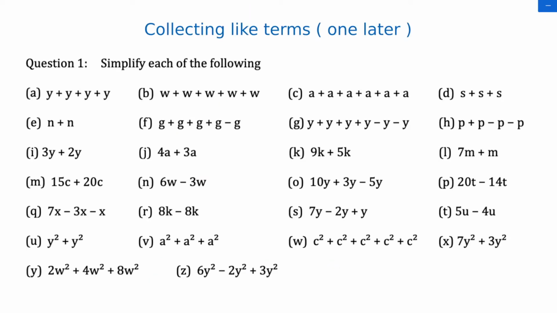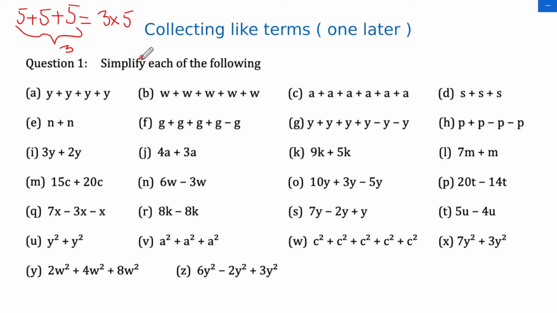Let's see. So collecting like terms. Basically what you need to do here is to turn the addition into multiplication. You know how 5 plus 5 plus 5, you can do it either by adding all 3 5s, or you can say, actually, I have 3 5s, so I need to do 3 times the 5.